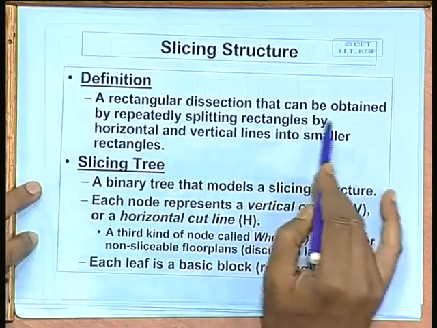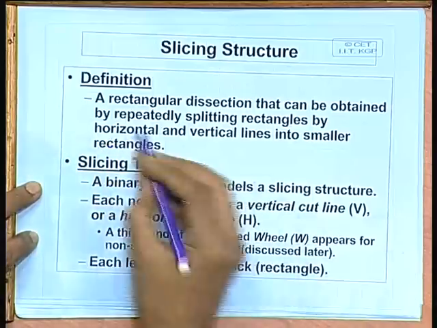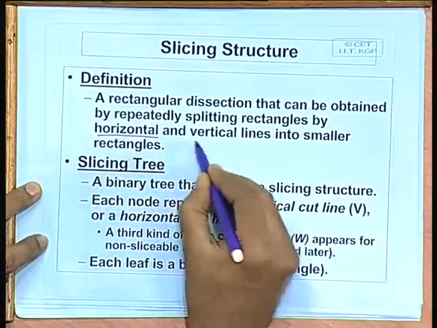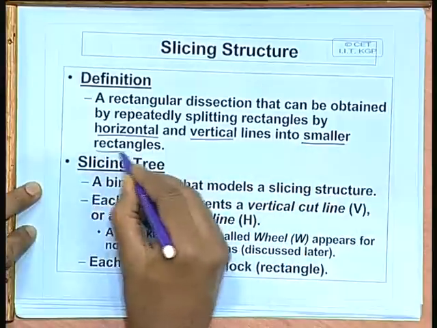So, a slice divides an existing rectangle into two different rectangles. So, given a big floor plan, I can apply a number of such vertical and horizontal slices as I need, and I can get several smaller rectangles. So, the slicing structure can be defined as a rectangular dissection that can be obtained by repeatedly splitting rectangles using horizontal and vertical cut lines. And as a result we get smaller rectangles.